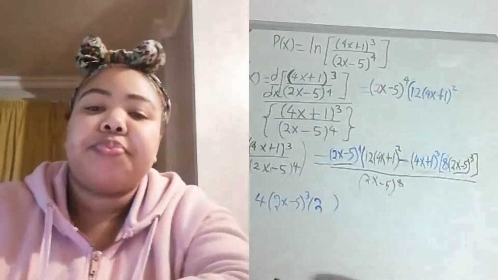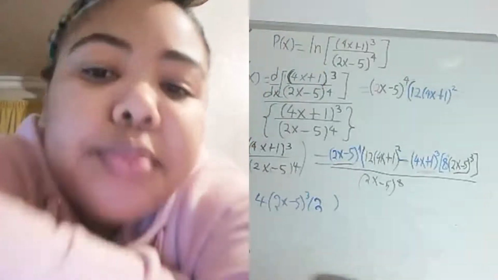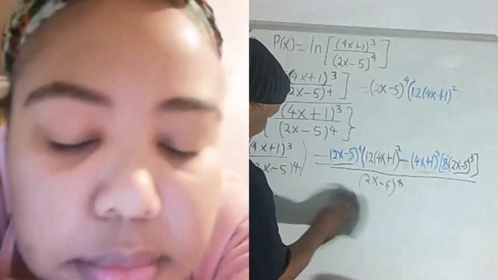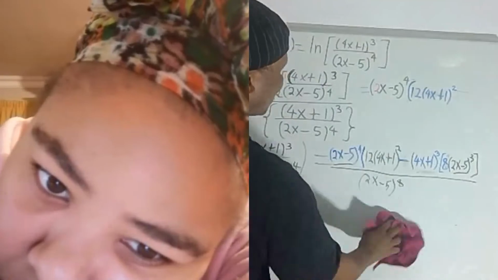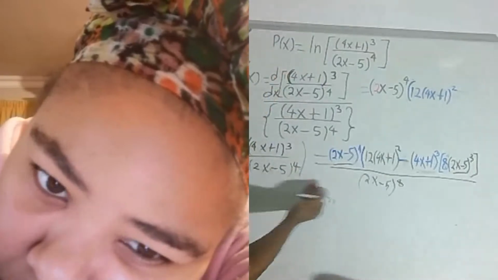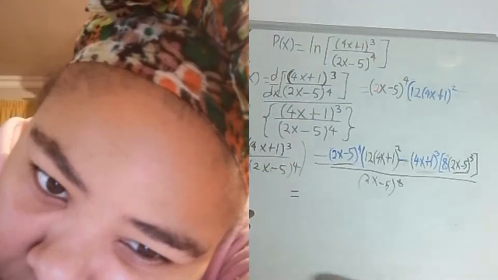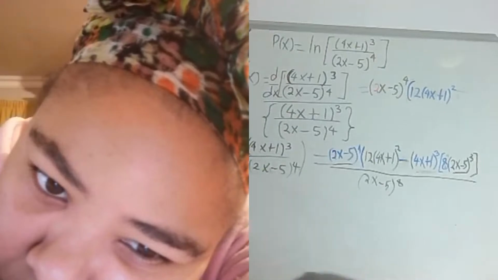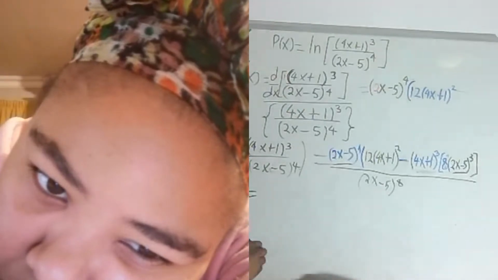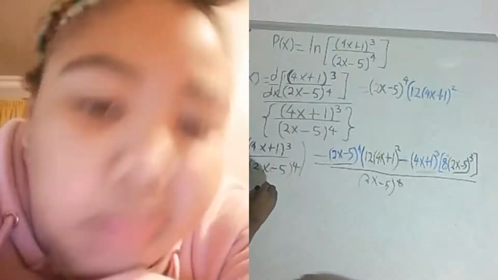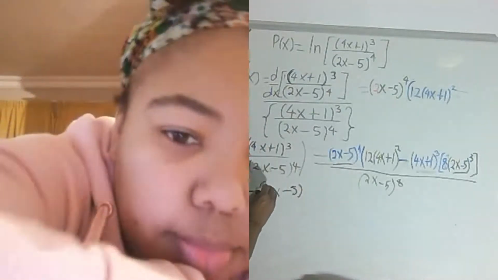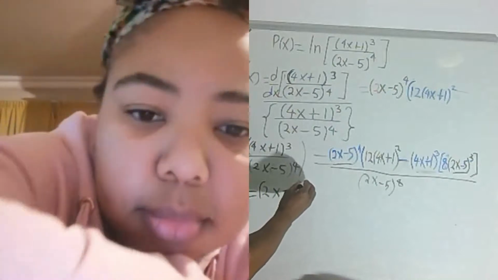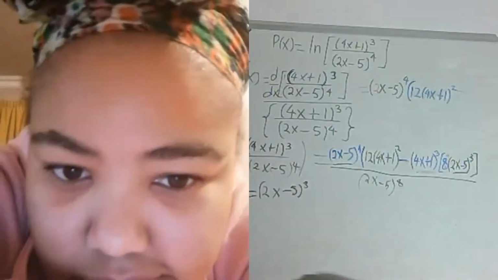3 of them. I want to make sure you can see everything here. It's very easy, but I don't want to write in a way that's confusing. So now I can factor out (2x minus 5) power 3.